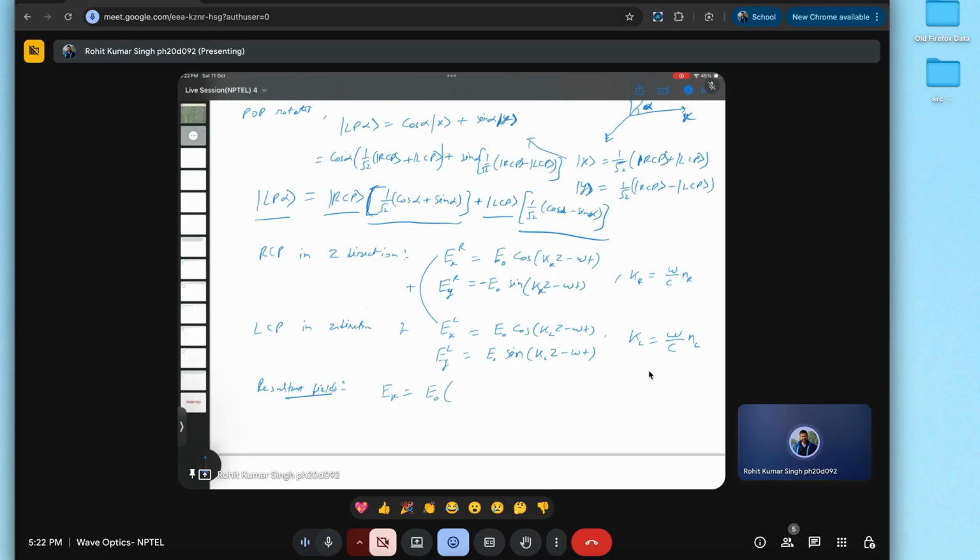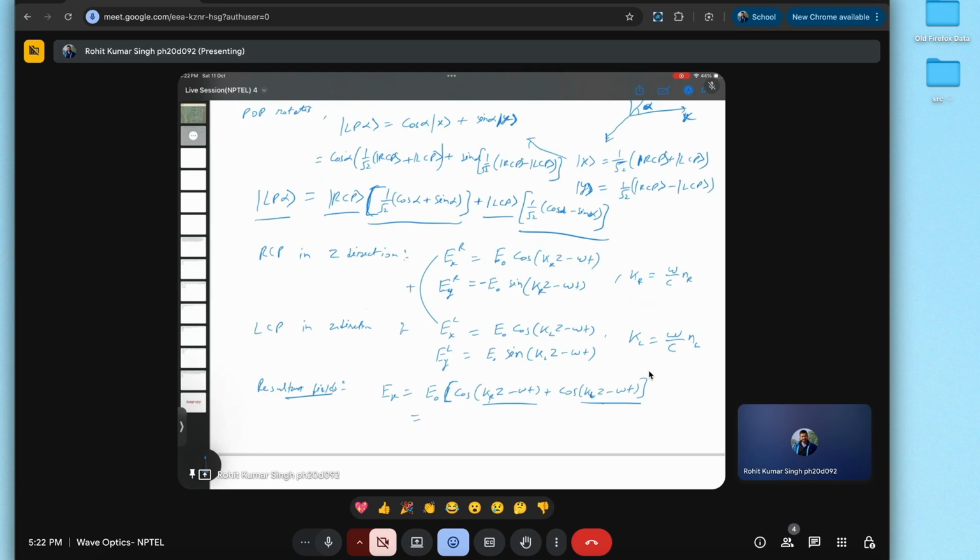E naught will be common, cos kr z minus omega t plus cos kl z minus omega t. Okay, and so we can use the cos a plus cos b formula because here this is different from this.